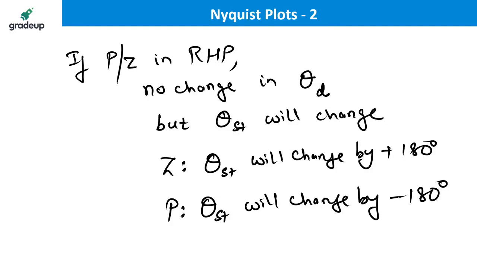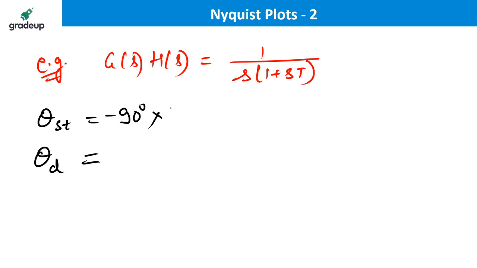If it is 1 pole and 1 zero, they will cancel also. There will be no change in the starting angle. So minus 90 degree into n, where n is the number of poles at origin. S power n, it is 1. So minus 90 degree. Theta d, diving angle, is minus 90 degree into p minus z. Total poles 2, zeros nil. So it is minus 180 degree.